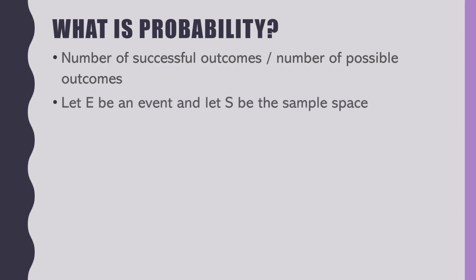So let E represent an event, right? An event would be, I'm going to roll a die, and I want to get a 2. That's my event, getting a 2. Let S be the sample space. So what would be the sample space in this scenario? Only 1 through 6. Yeah, 6 possible outcomes. It's just a regular die.